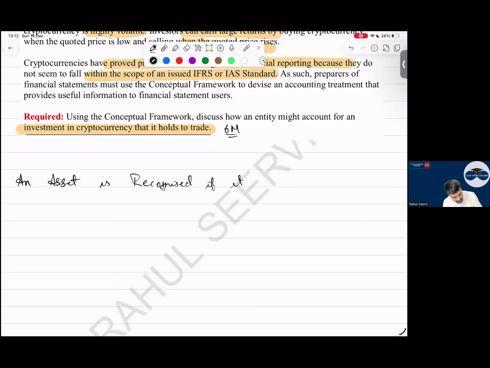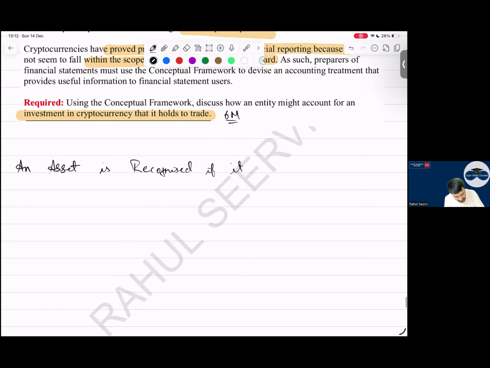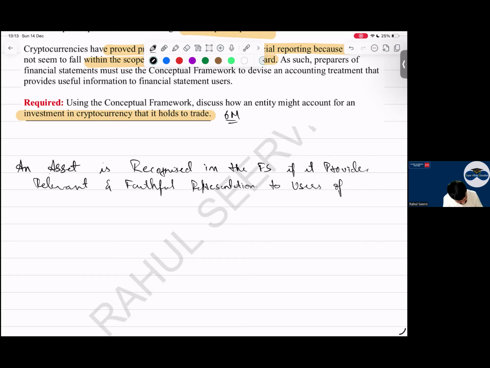recognized if it provides relevant and faithful representation? Simple. An asset is recognized in the financial statements if it provides relevant and faithful representation to the users of the financial statements.